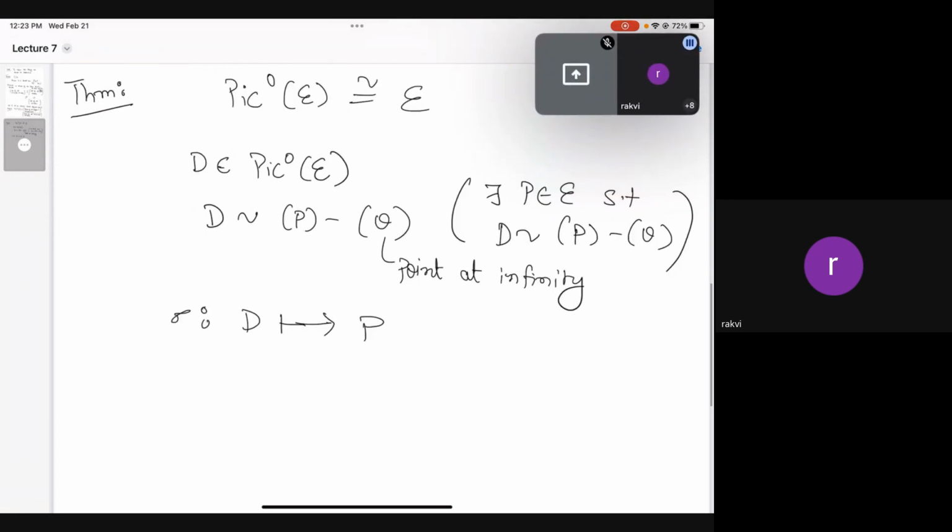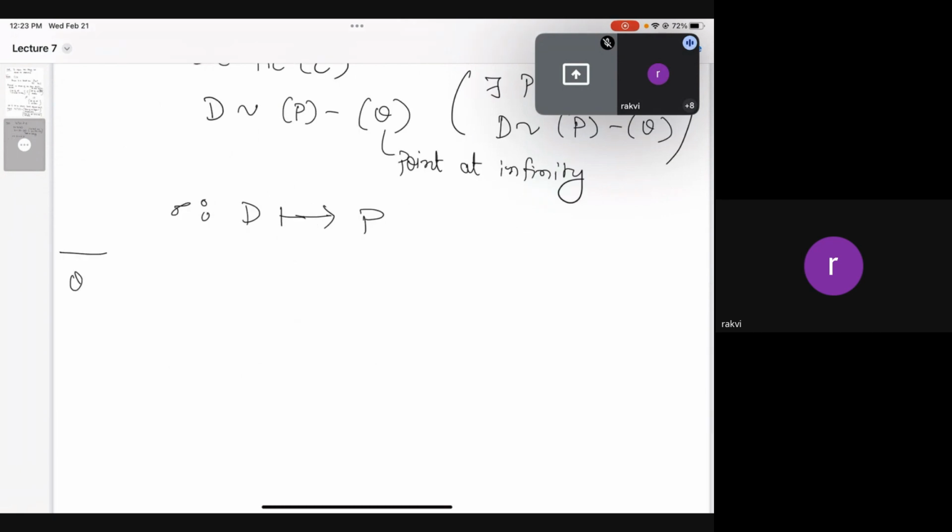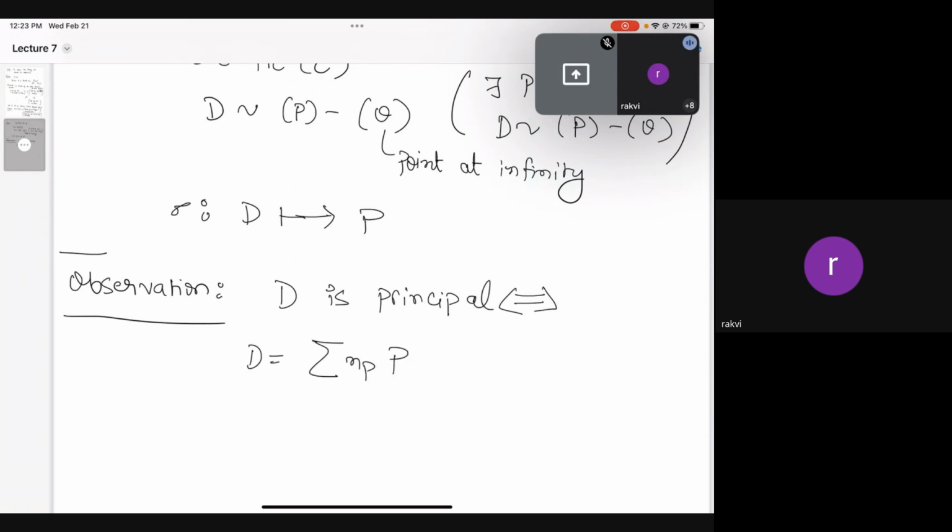Now, this is an observation that we will use a lot later, so it's good to state it. D is principal if and only if the following is true. Let D be a divisor, D equals the sum of n_P times P, where the sum of n_P is 0.